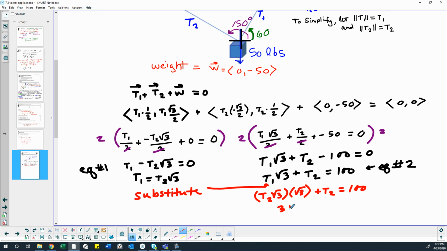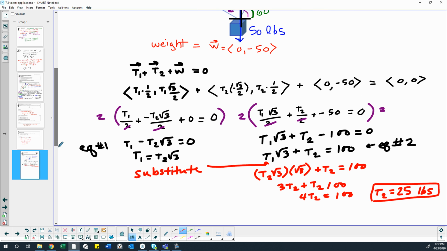So we have 3t2 plus 1t2 is 4t2, which equals 100. And that means that tension number 2 is 25, and these tensions are given in pounds as a type of force measurement. So if you look at things at the hardware store and they're rated to hold things up, they'll tell you, like if you buy hooks to hang on the wall, how many pounds they will hold up.